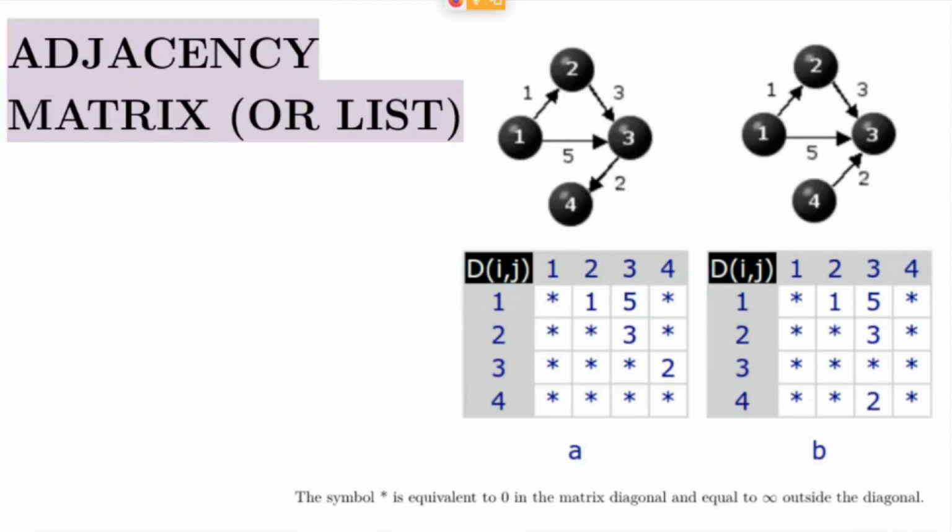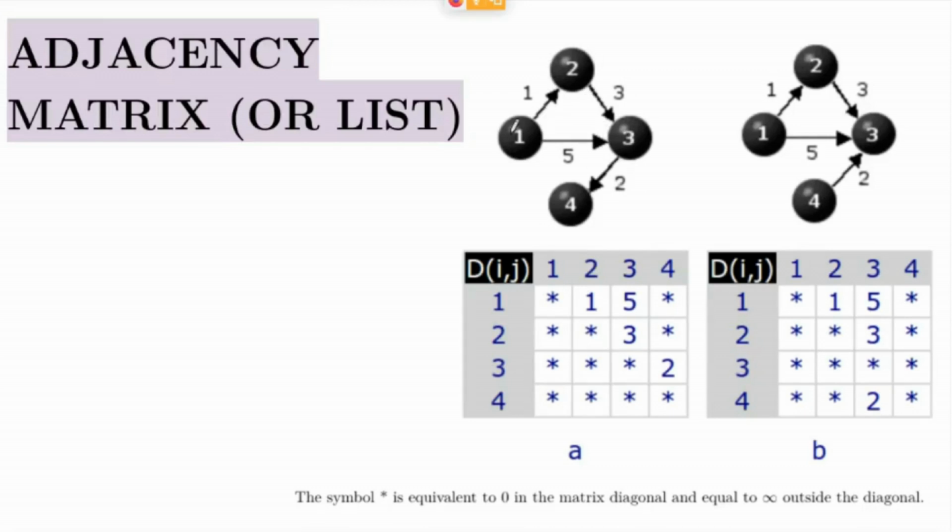Well, this information about the weights can be gathered all together within the adjacency matrix or list, right? As you can see here, we have a directed graph. It is unidirectional because all the edges have a single direction, right?